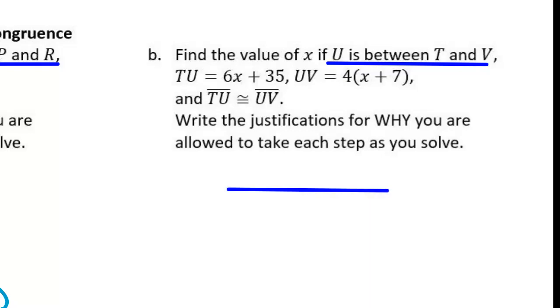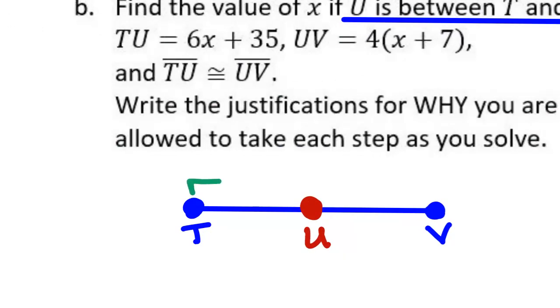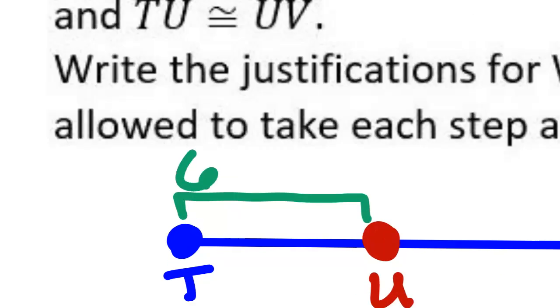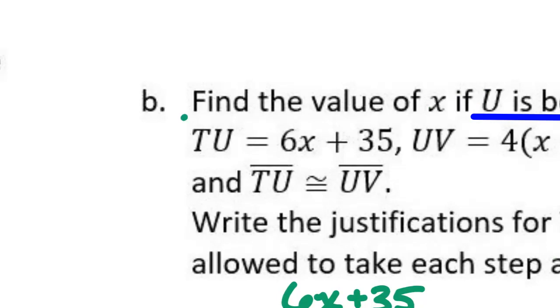So here's my line segment. Here's U. And then my endpoints are called T and V. How big is it from T over to U? 6x plus 35. They tell me that right here.